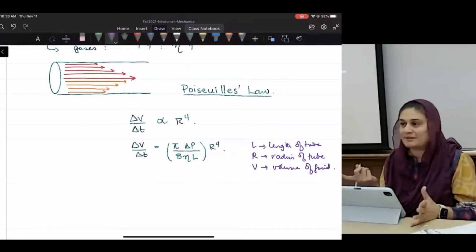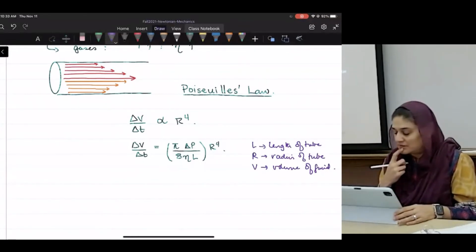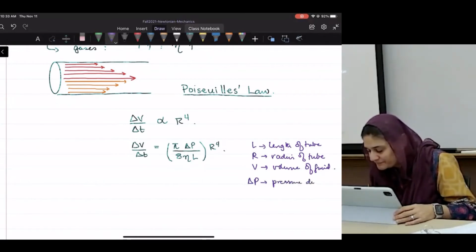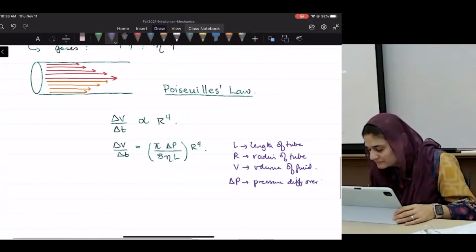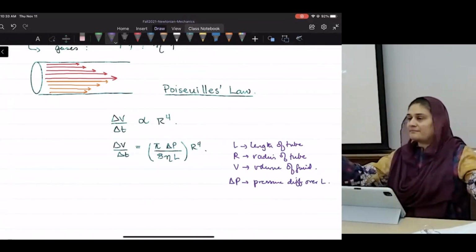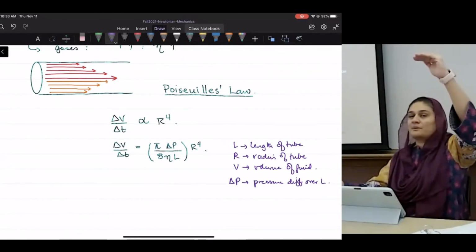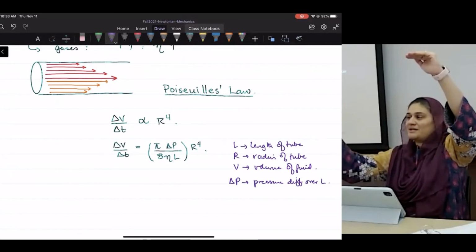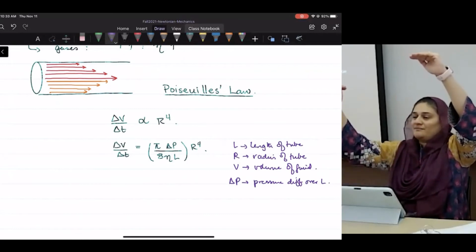Delta P is pressure. Oh, actually, I should define that. Delta P is the pressure difference over L, the length. So if it was going from this height to this height, or whether it's going from this height to this height, or this height to this height.